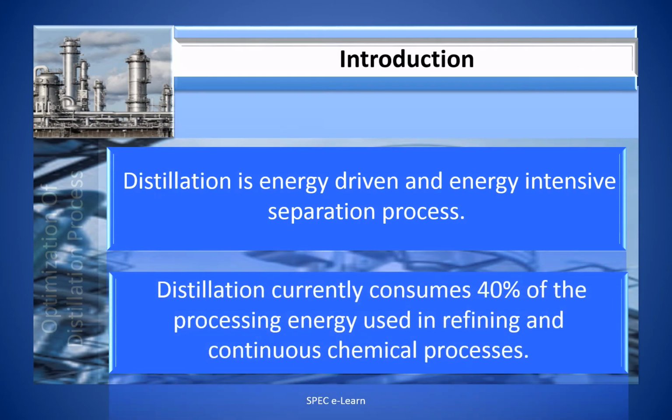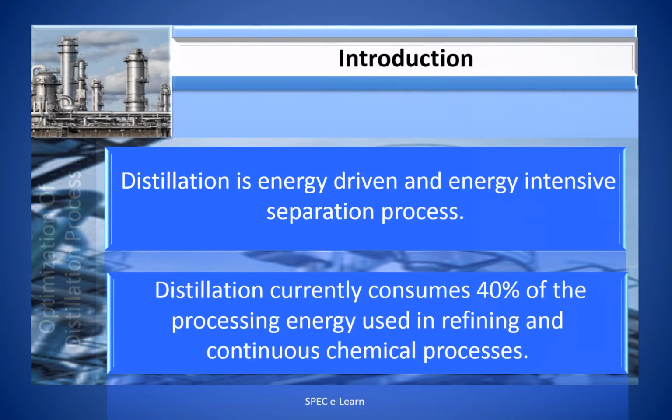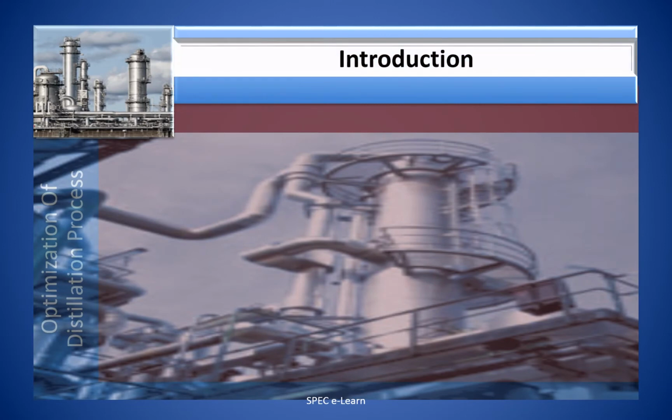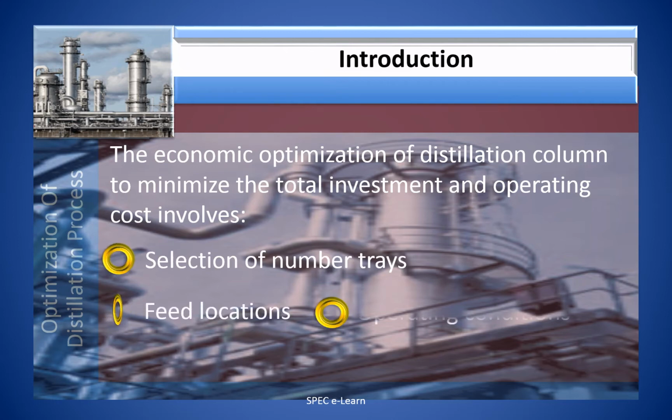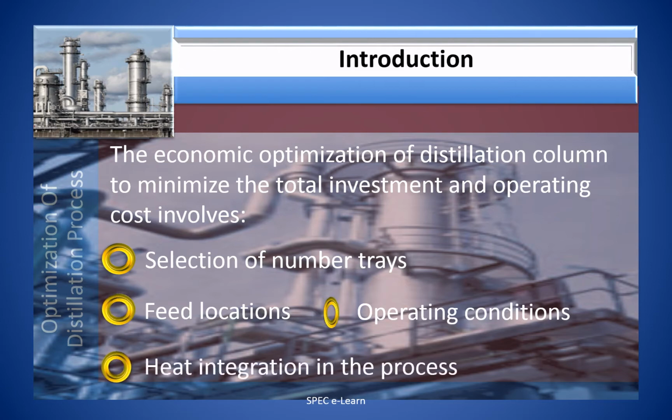It currently consumes 40% of the total processing energy used in refining and continuous chemical processes. The economic optimization of a distillation column to minimize the total investment and operating cost involves selection of number of trays, feed location, operating conditions, and heat integration in the process.